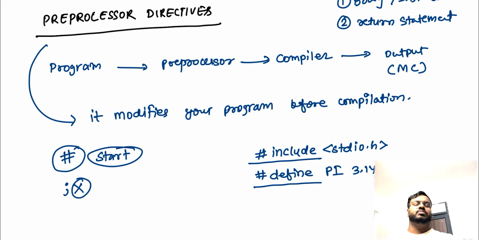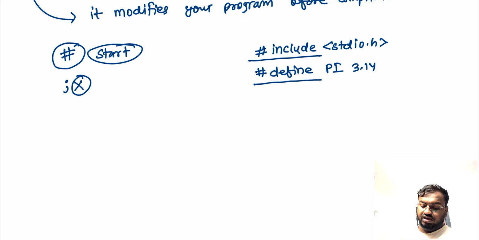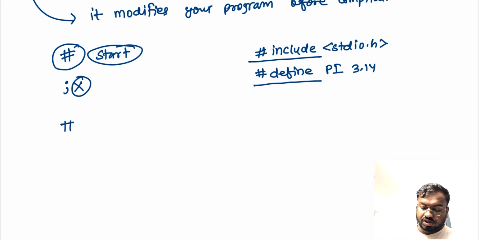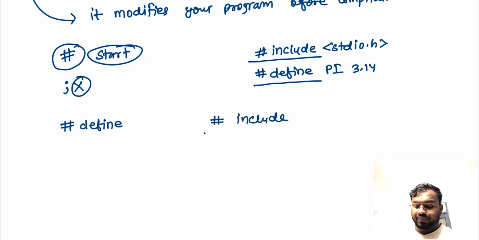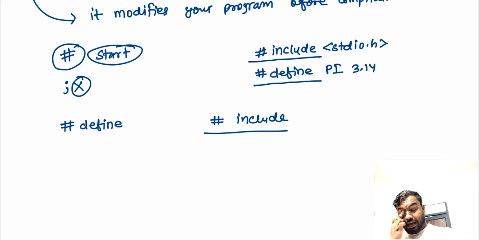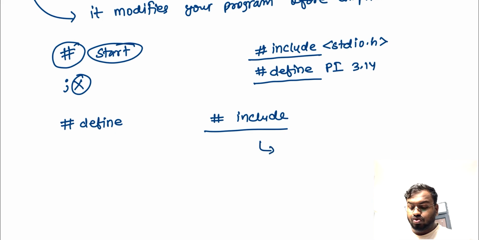The preprocessor will modify your program and do something with it before the compilation. Right now we know there are two types of preprocessor directives. The first one is hash define and the second one is hash include. So see, hash include is used to attach a header file.